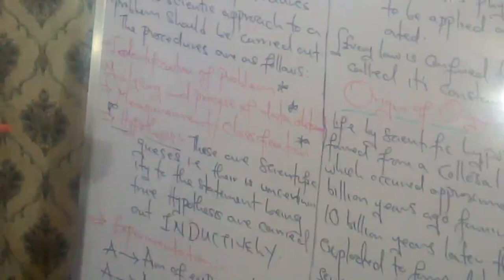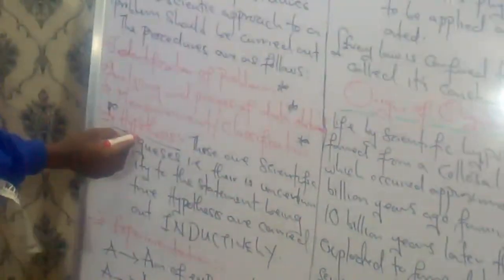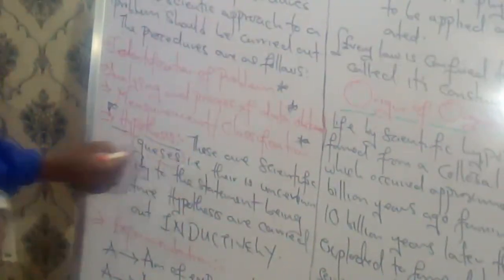Then you have hypotheses. Hypotheses are scientific guesses, and when something is a guess, it automatically means it can be wrong. So a hypothesis can be wrong or it can be correct. The experiment tells us if it's wrong or right based on testing.